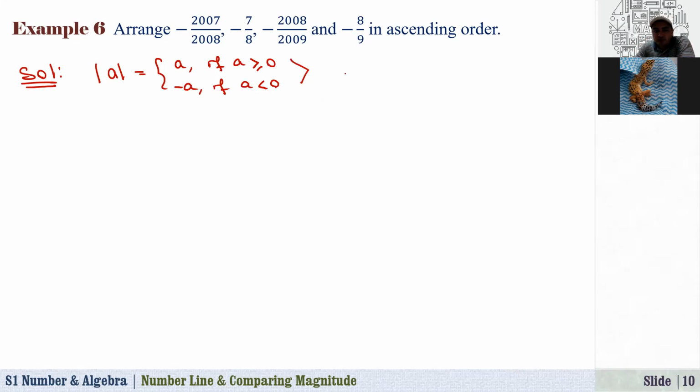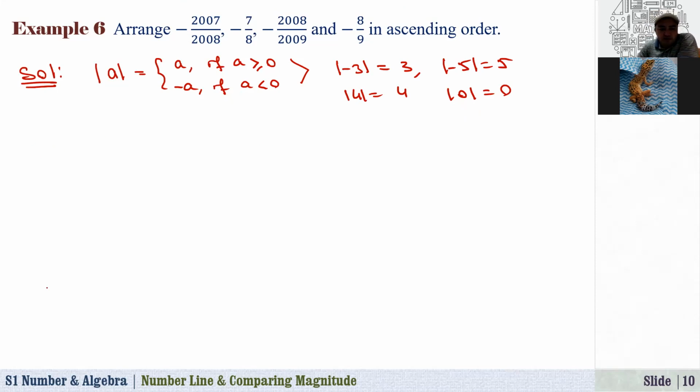So that means, like, the absolute value of -3 is equal to 3. Absolute value of -5 is equal to 5. Absolute value of 4 is equal to 4. Absolute value of 0 is equal to 0. First, let me compare their absolute values, and after that, I can write them in ascending order from the smallest to the biggest.